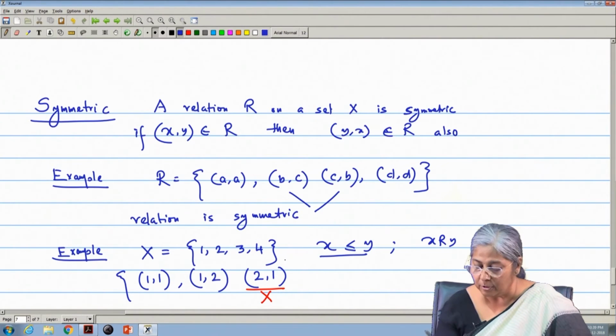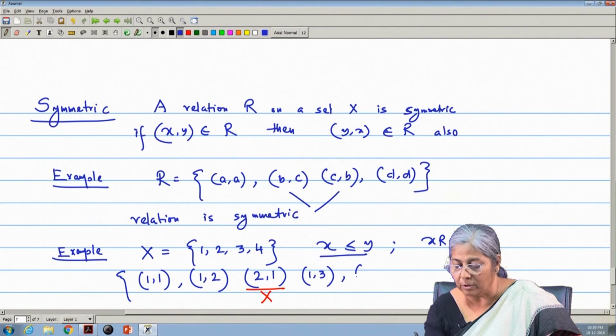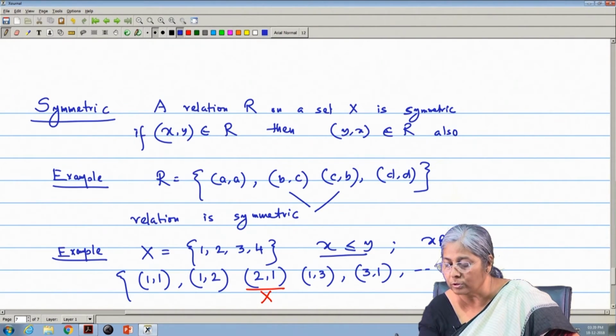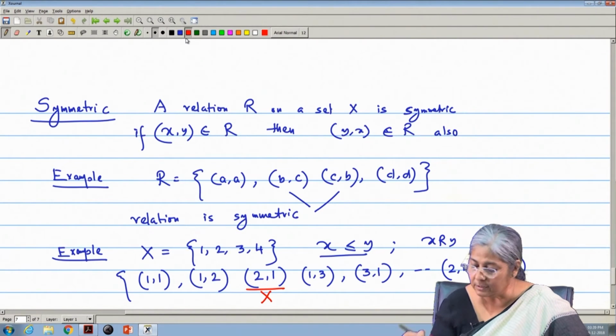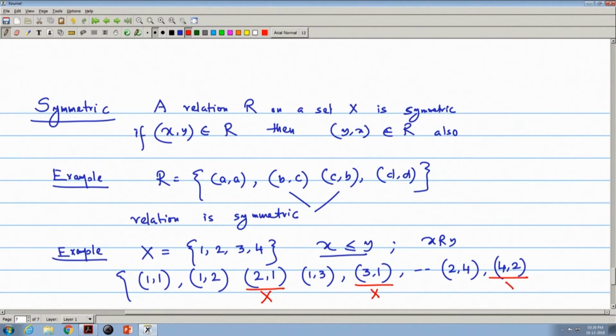Similarly, if 1 3 is there, 3 1 cannot be here, or if 2 4 is there, 4 2 cannot be there. So, these are the pairs that will never come in this relation.